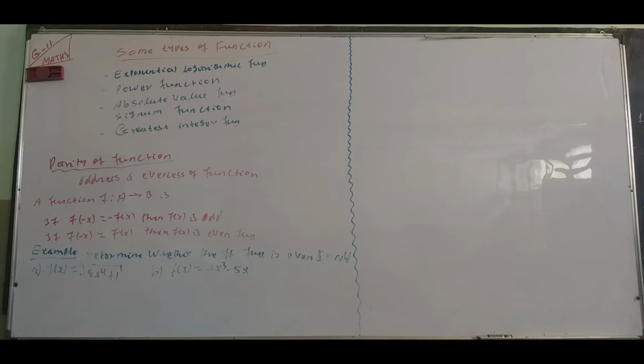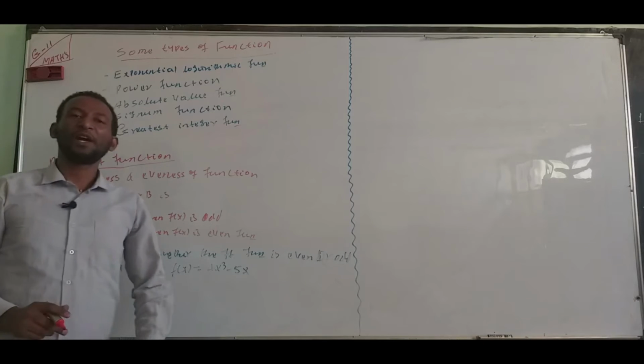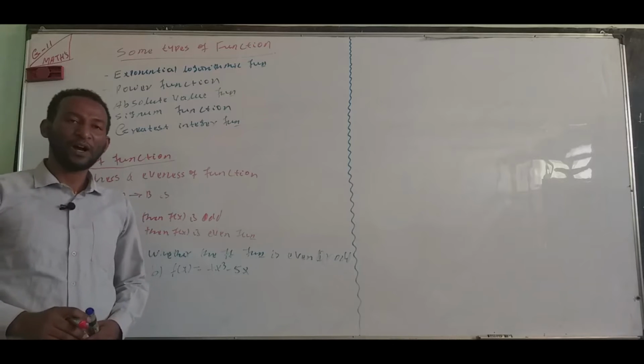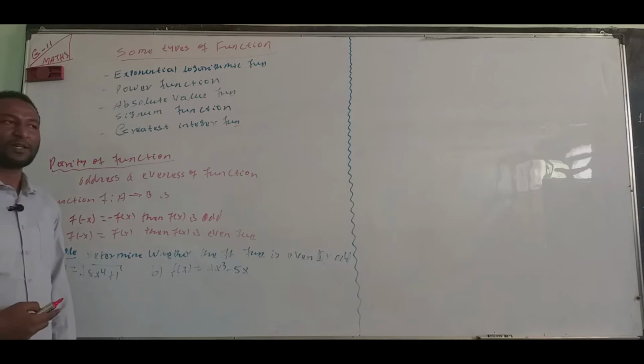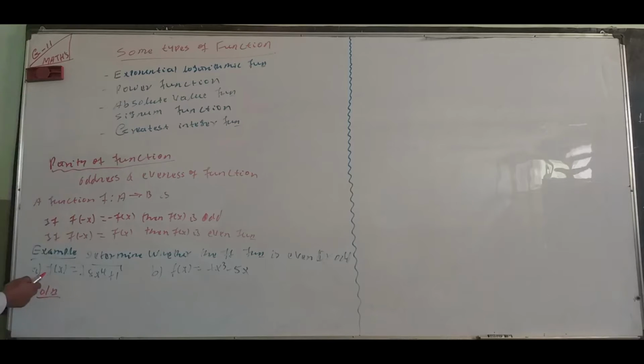Then let us see the solution. To check the parity of the given function, at the place of the independent variable we have to substitute the negative of the independent variable. Then let us take for this function f of x, the independent variable is negative x.